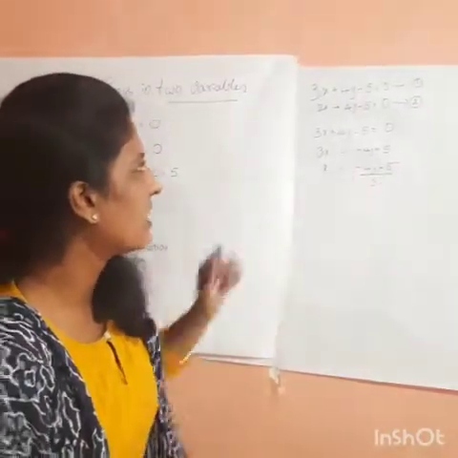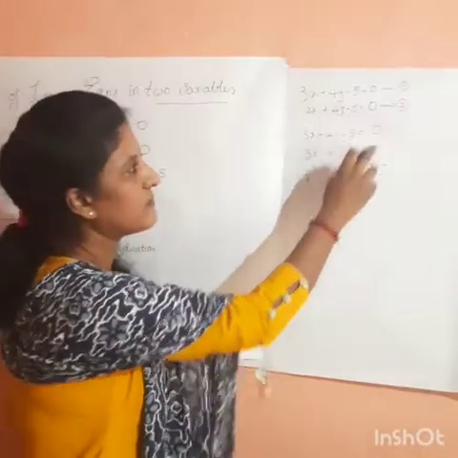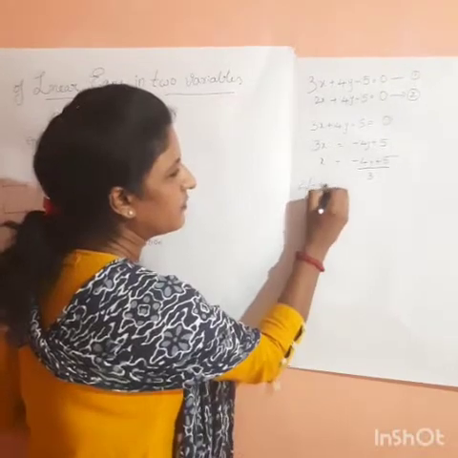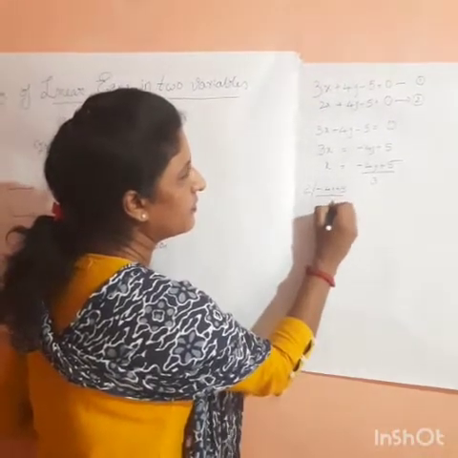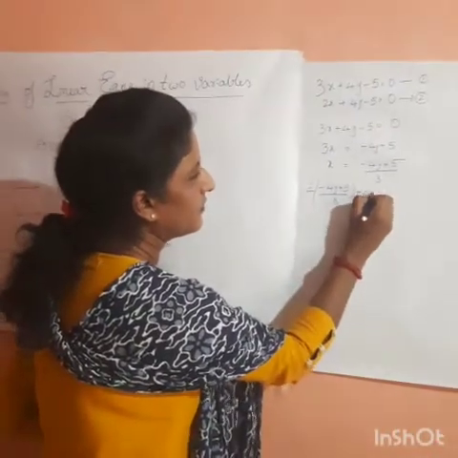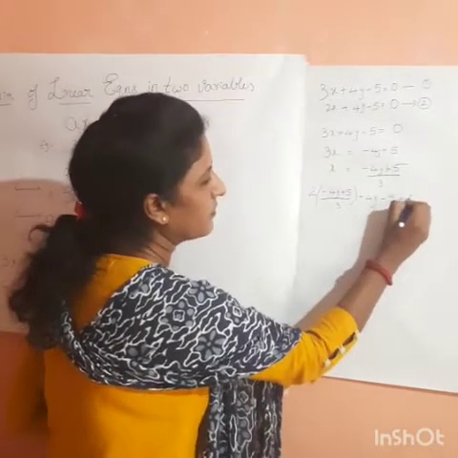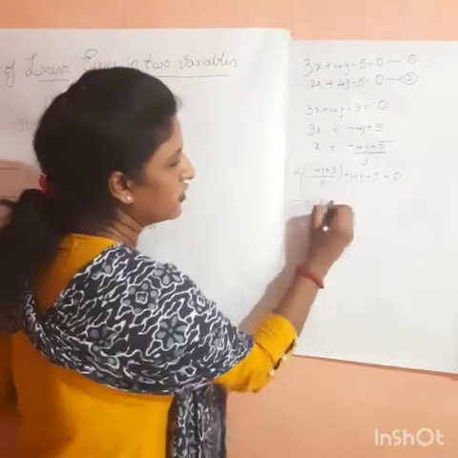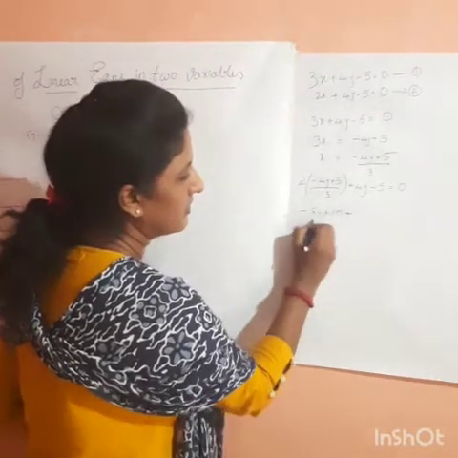This is the x value we got. This x value you have to substitute in the second equation. So 2 fours are 8y plus 2 fives are 10, by 3.